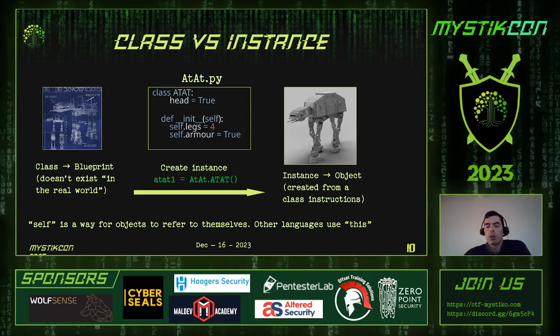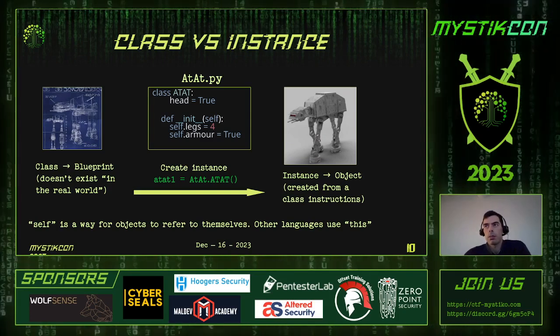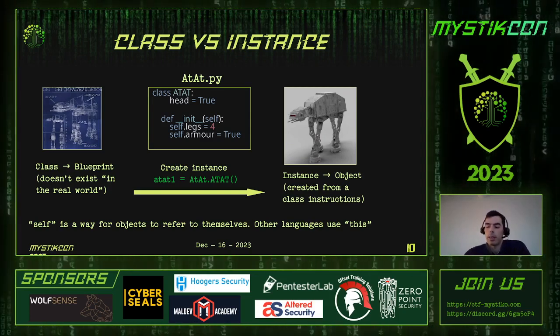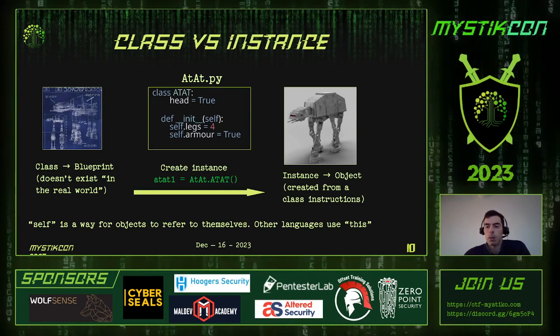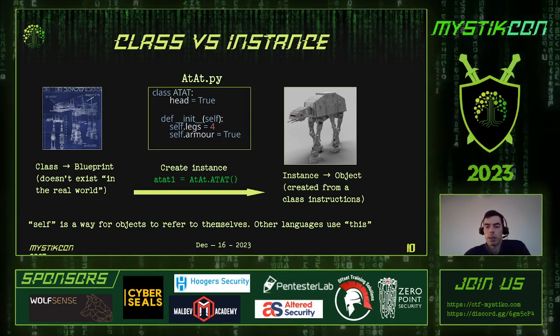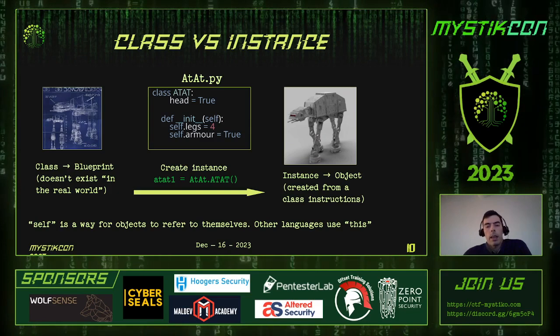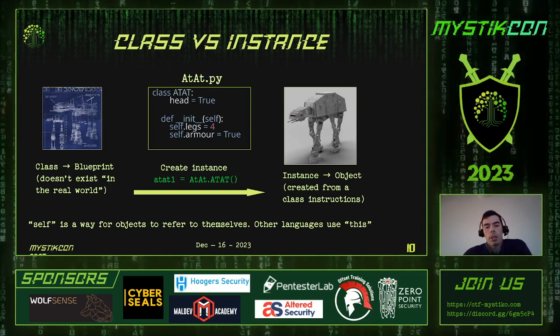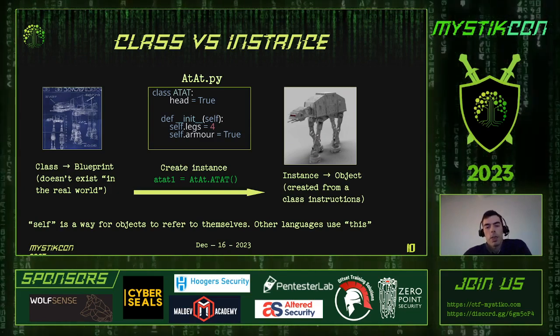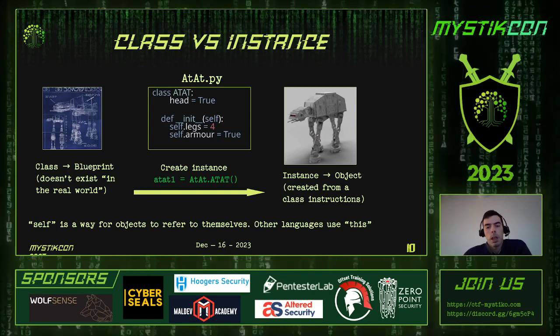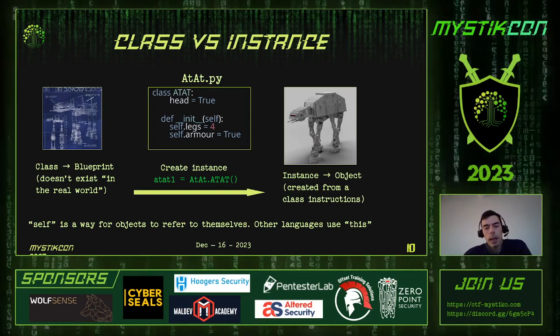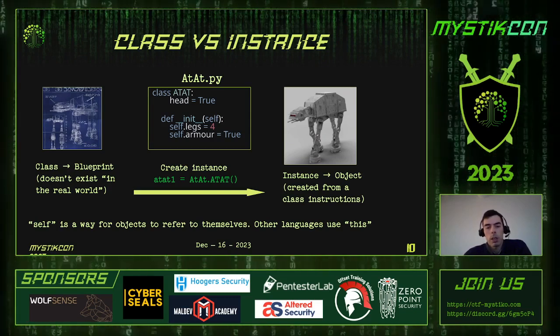And when you instantiate an object, you can call that object an instance of the class, or you can just call it an object. And in Python, the way to instantiate is with this simple line that I have here in green color.